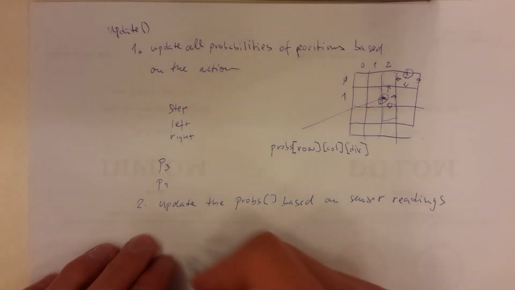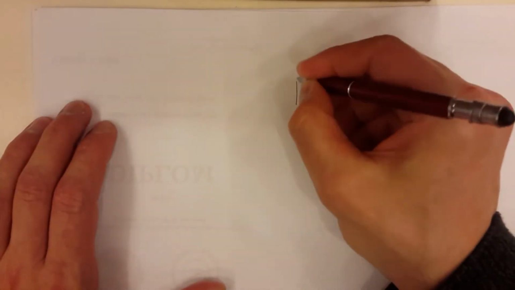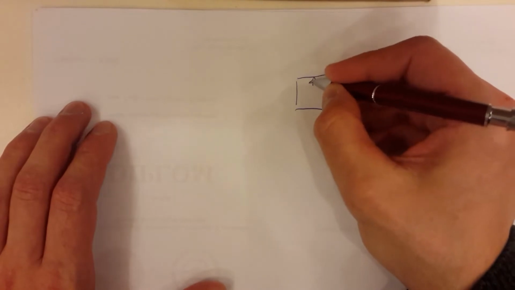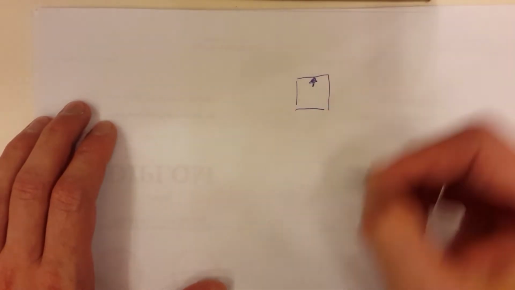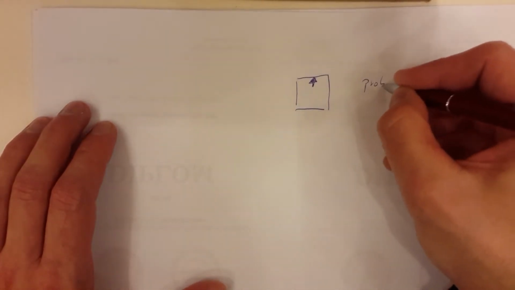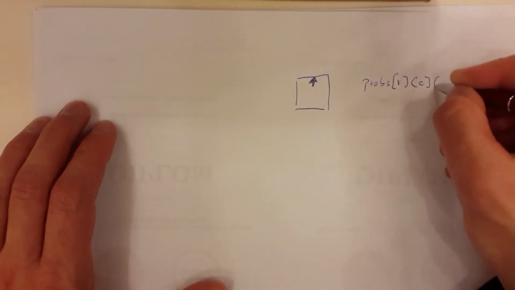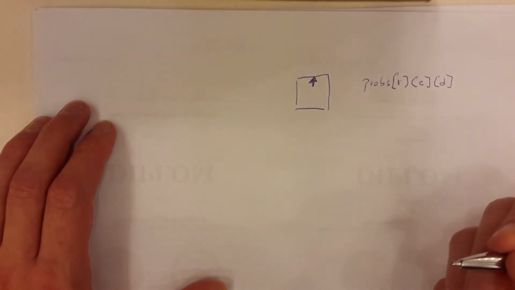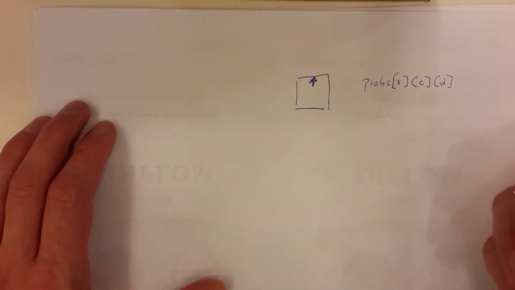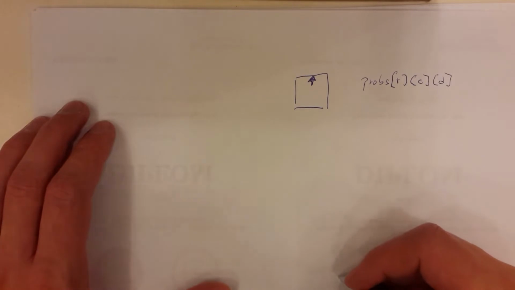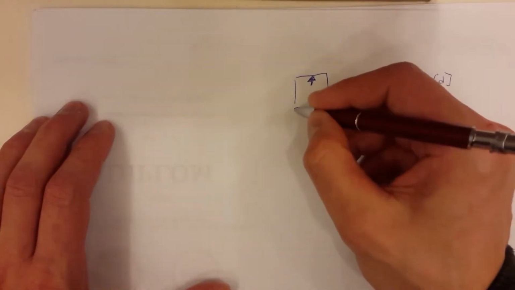So let's take some position that we are considering, a position here, and we would like to estimate the new probability that we are just there at that position, row, column and direction. And we know that the action was make a step. So then we need to look at two things.